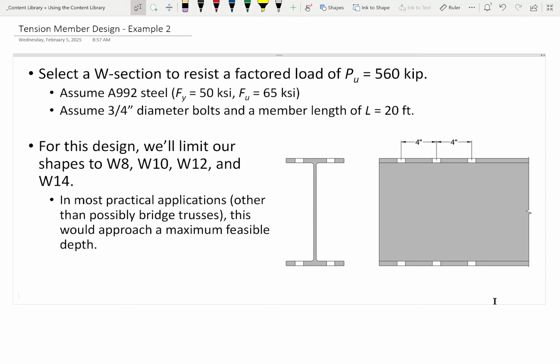Maybe in a bridge, like a truss, you're going to have deeper sections. But in building applications, the braces tend to be narrow. So W8, W10, W12, W14, that's about as big as you're going to get. So while I am providing some constraints, I'm opening it up a little bit, and that's the point of this problem.